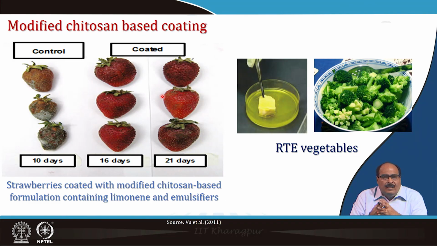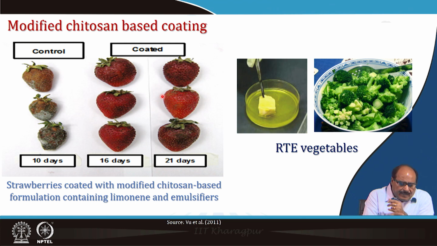Here in this figure we will take up some examples of fruit. You can see a modified chitosan based coating material on strawberries, coated with a modified chitosan based formulation containing limonene and other emulsifiers.